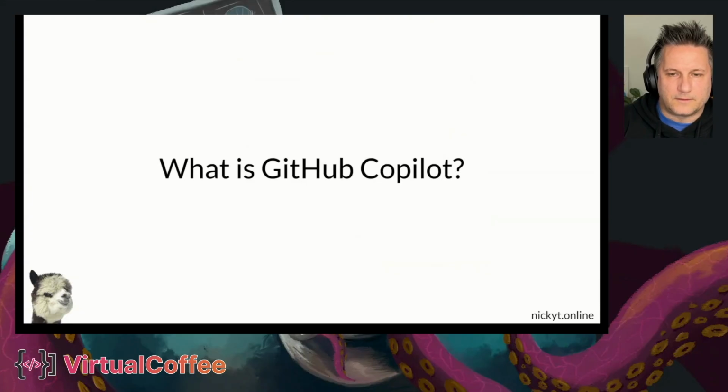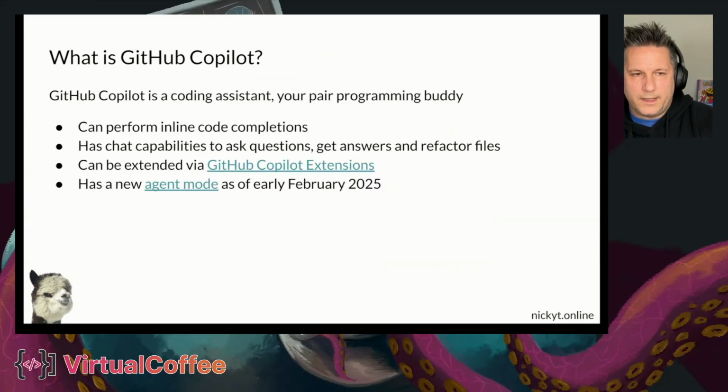So let's dig into things. We're definitely going to talk about Copilot extensions, but what is GitHub Copilot? I feel like most people probably have an idea, but I'm going to give a rundown of what I think Copilot is. It's a coding assistant. It's like your pair programming buddy. You can perform inline code completions.